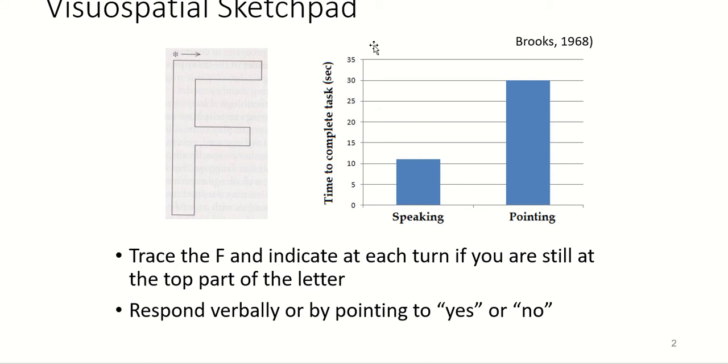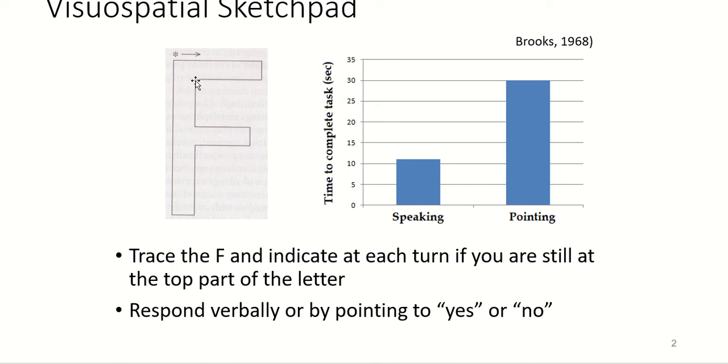And at each corner, with their eyes closed, they had to say or point to yes if they were still at the top part, or no if they were no longer at the top part. What I mean by that is this: imagine that you're a little ball and you start at the top of the letter F. You start traveling and you reach a corner and you're still at the top part of the letter, so you'd say yes. Then you go to this corner, you would still say yes.